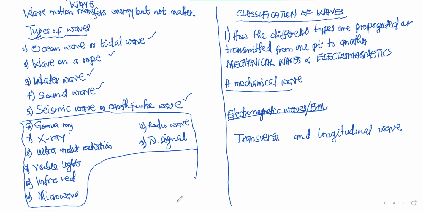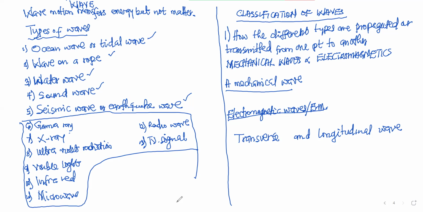This classification looks at when the particles of the medium vibrate, how is the energy propagated or the wave propagated? Don't forget that propagation of the energy is what we are calling the wave. So when the particles of the medium vibrate, how is the energy propagated through the particles? And that is what we are calling the wave, okay?